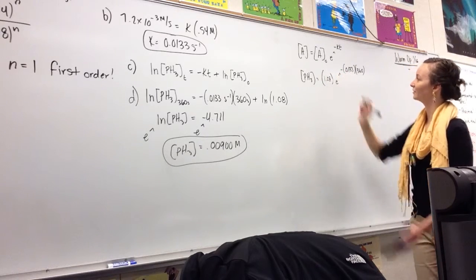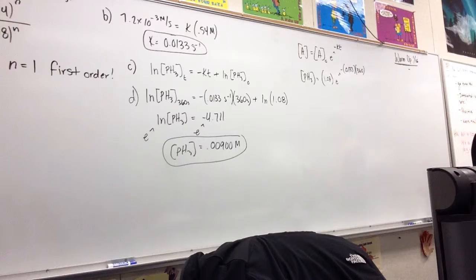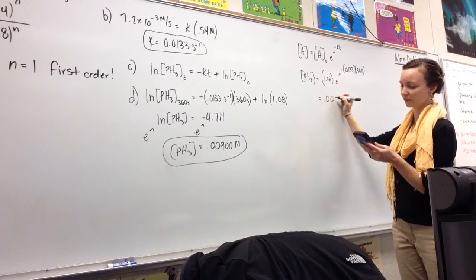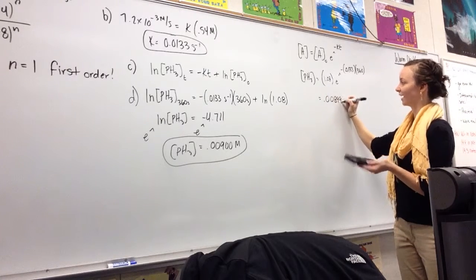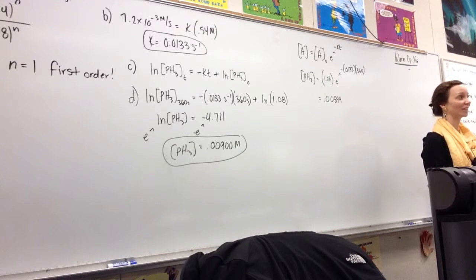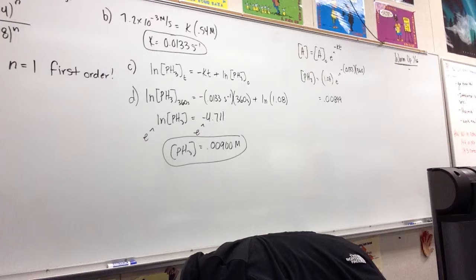Anyone can do this with me if you guys want to see if I'm wrong. Okay, second E equals negative 0.03 times 360 times 1.08. Okay, yeah, that gets you 0.00899, which is essentially the same answer. Okay, so cool, both ways work. If you guys want to do either way, that is fine.